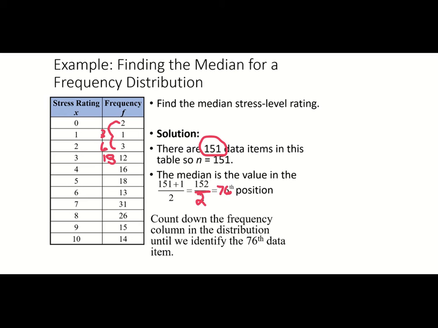If I take 18 and add 16 to it, that gives me 34. I'm getting closer to 76, but not quite there yet. If I take 34 and add 18 to it, that gives me 52. If I take 52 and add 13 to it, I get to 65.